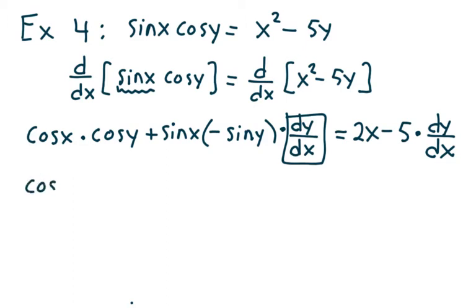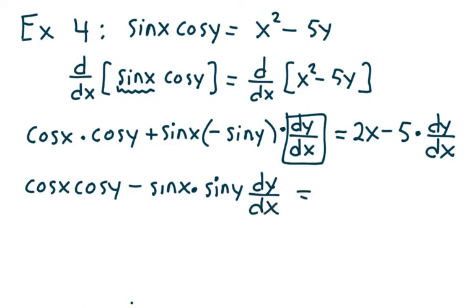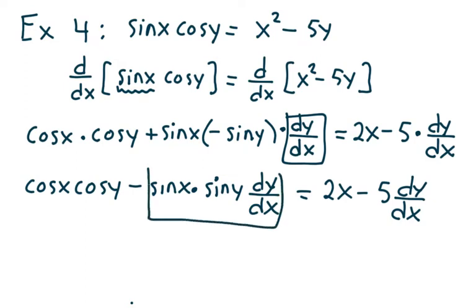So cosine x cosine y minus sine x times sine y dy/dx is equal to 2x minus 5 dy/dx. So we're going to collect all the terms that have the dy/dx on one side.